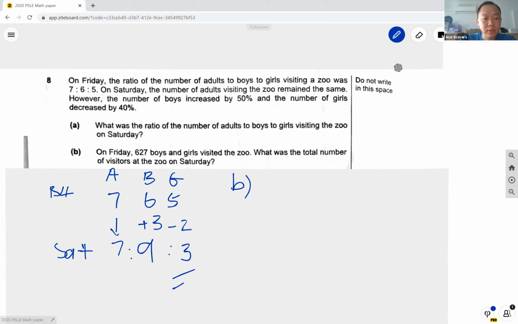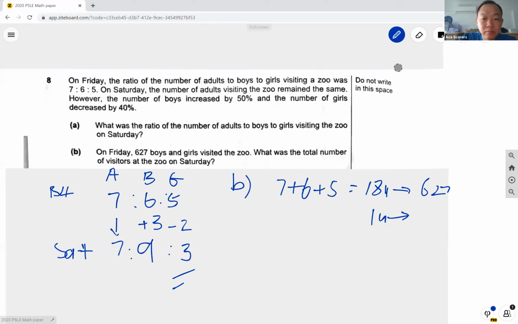So on Friday, 627 boys and girls visited the zoo. What was the total number on Saturday? Oh, that's pretty easy. So 7 plus 6 plus 5 equals to 18 units. And 18 units represents 627. So 1 unit represents 627 divided by 18. What? 7 plus 6 plus 5, 18. 627 cannot divide by 18.